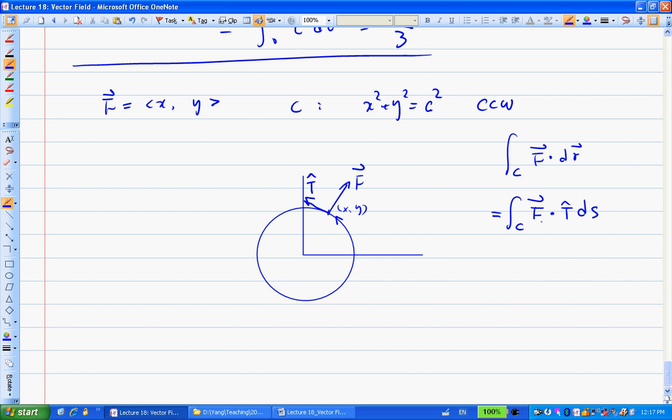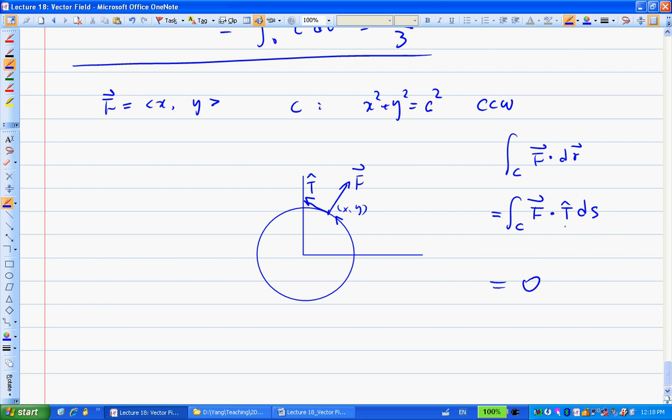So if two perpendicular vectors dot each other, it's always 0. And you're integrating a 0 all across the whole curve, it's still going to be 0, right? So from the geometry of these two vectors, you save yourself the calculations there, all right?